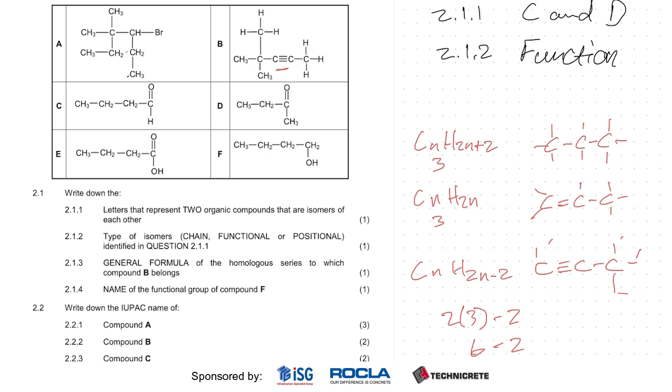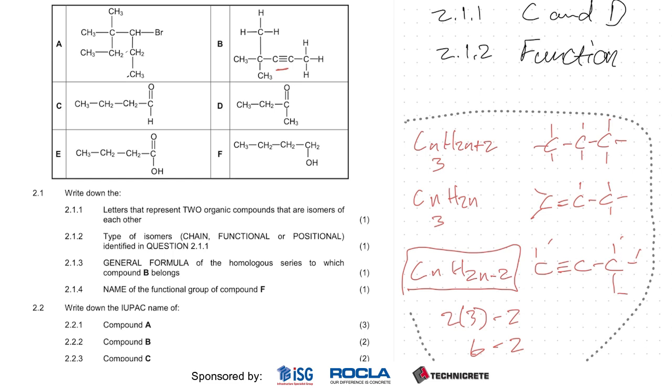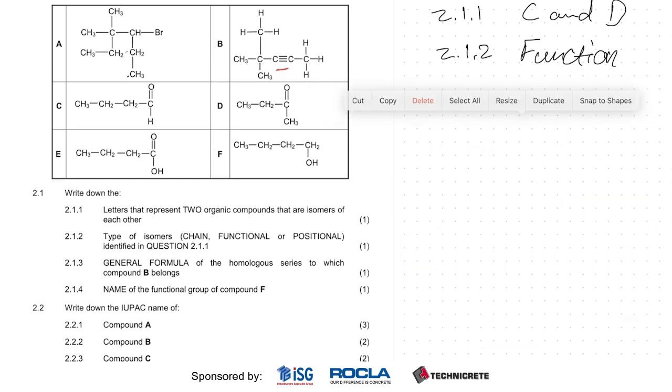Okay, so this is the formula. It's a bit difficult to work these out if you haven't memorized them, so it's a good thing to just consider knowing them by heart, the 3 different formulas for an alkane, an alkene, and an alkyne.